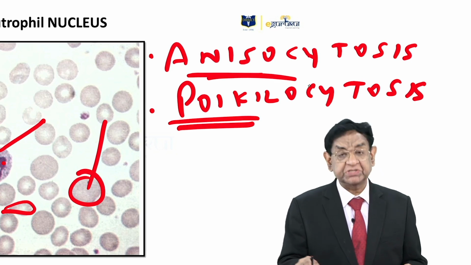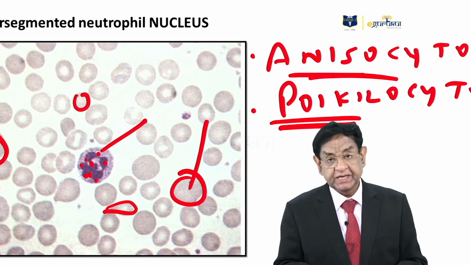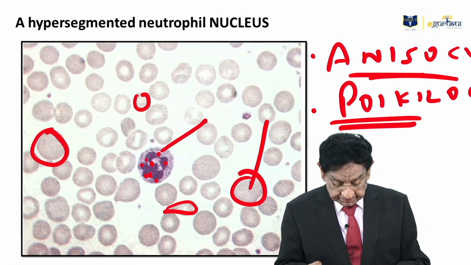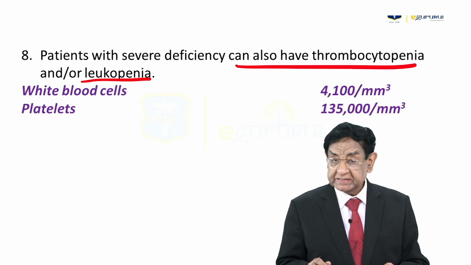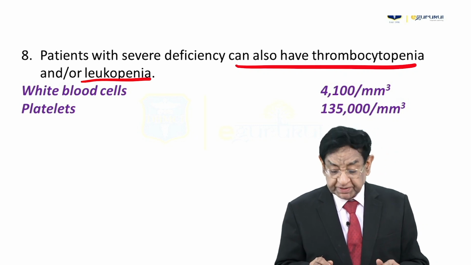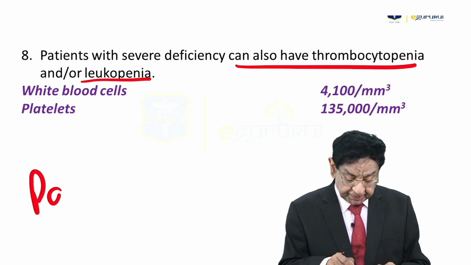Different shapes, different sizes that we can see in this lovely peripheral smear. Patients with severe deficiency can also have thrombocytopenia or leukopenia, especially in pernicious anemia, where there can be pancytopenia.